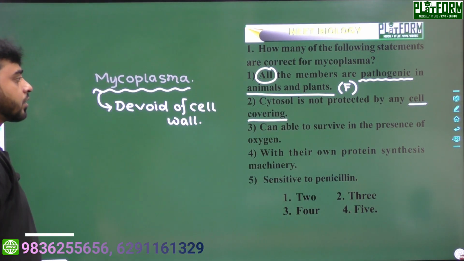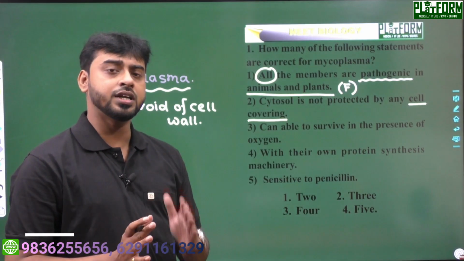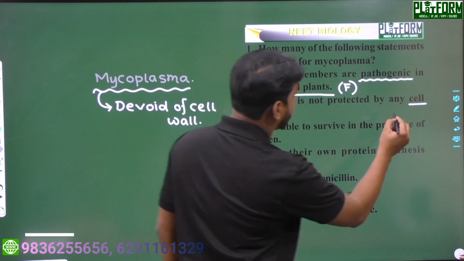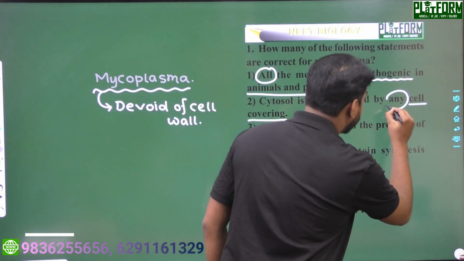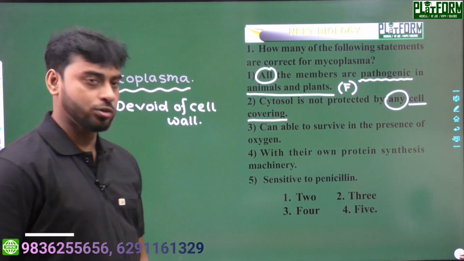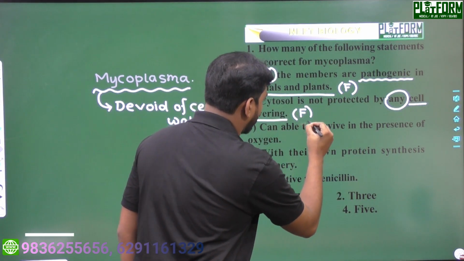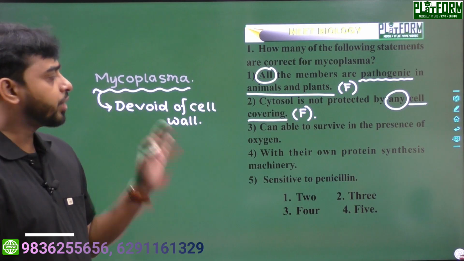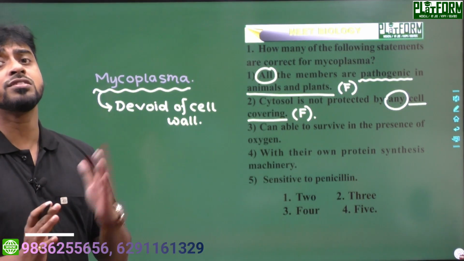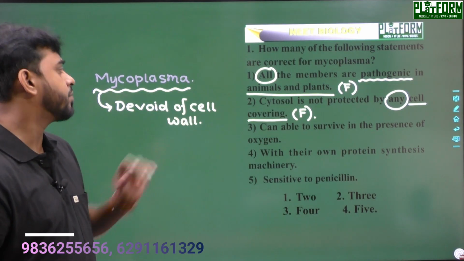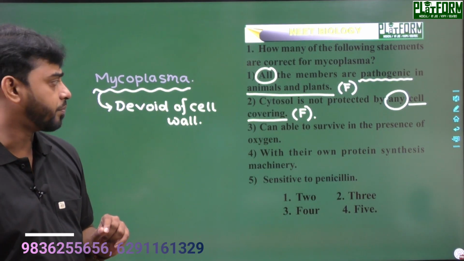So the cell wall is absent in mycoplasma, but here it is written that it is not protected by any cell covering. So, this statement is also false. Why? Because the plasma membrane is present in mycoplasma. Cell wall is absent, but plasma membrane is present.